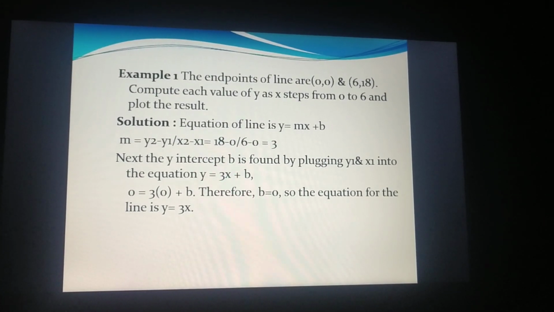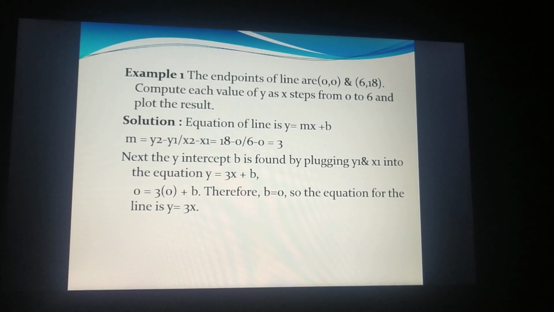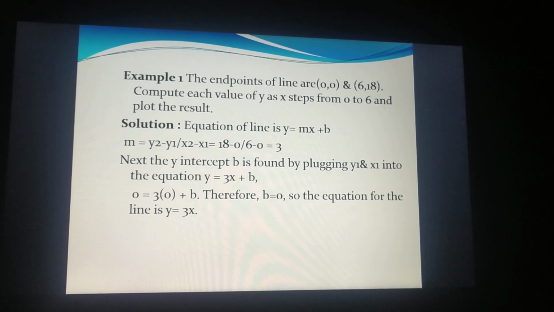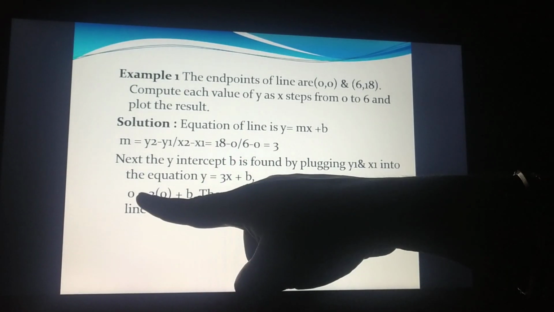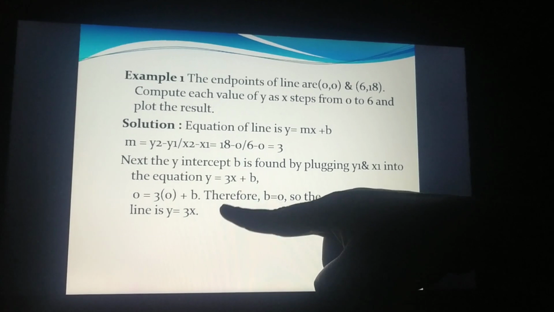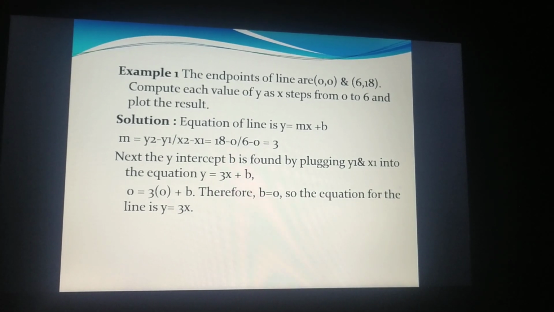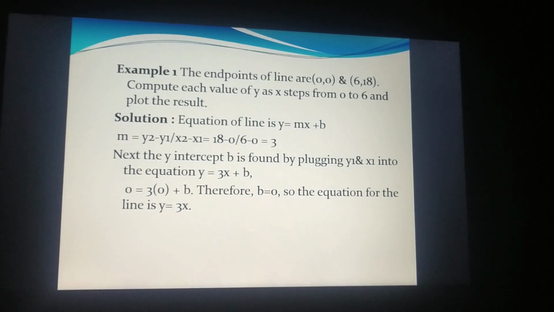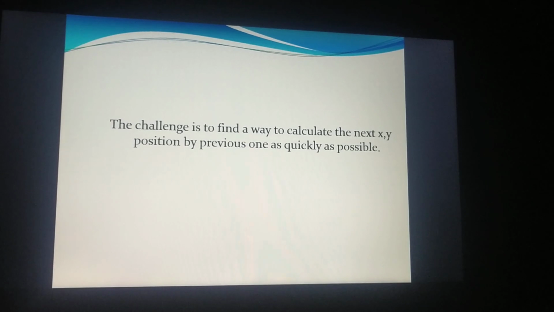Y equals 3x plus b. We are at the starting position, so our starting point is 0, 0. So I am applying 0 for x and y: 0 equals 3 into 0 plus b. Therefore we find b equals 0. So the equation for the line is y equals 3x. The starting point we have arrived at.